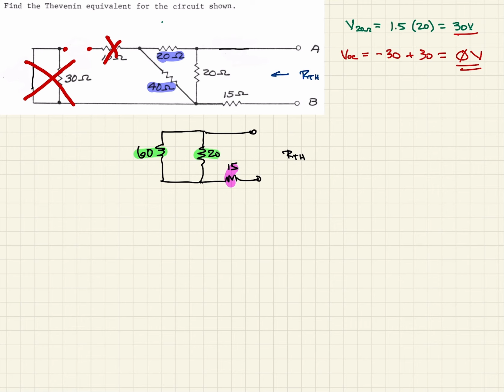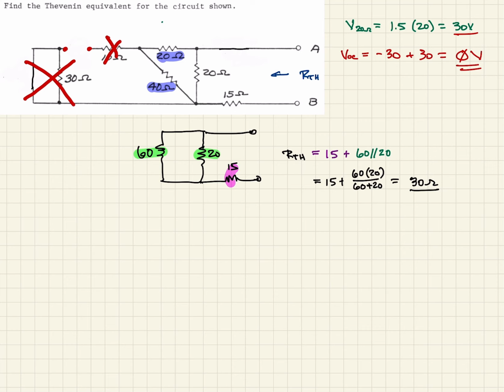So if I were to write this, that's going to be 15 plus, 60 in parallel with 20. And so now I can rewrite that as 15 plus 60 times 20 over 60 plus 20. And when I calculate all that out, this should come out to 30 ohms. So that is our Thevenin resistance.